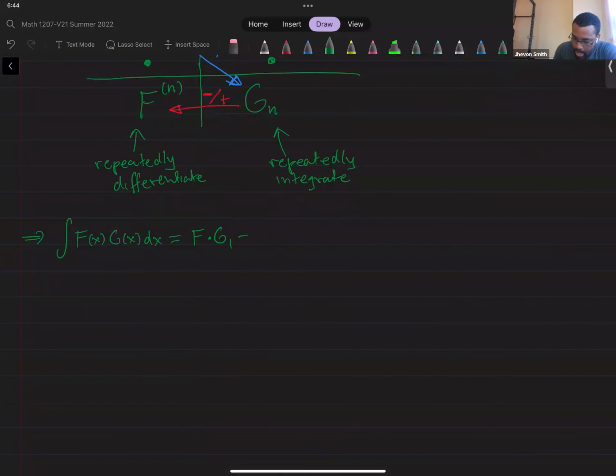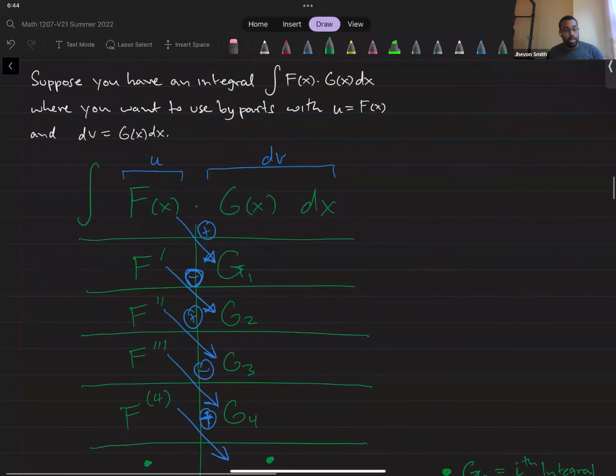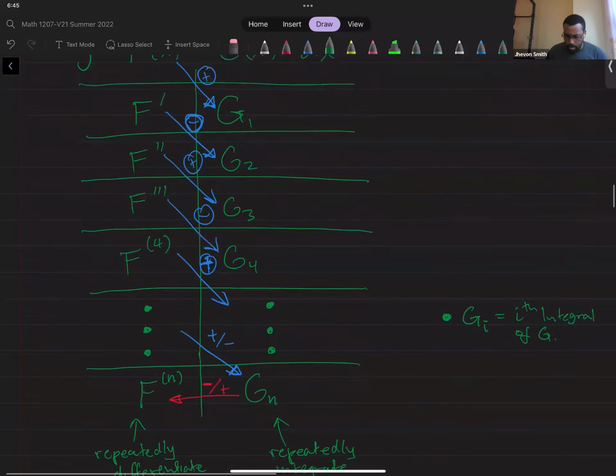Then minus the f prime times the g2 plus the f double prime times the g3 minus dot, dot, dot, right? So that's what these guys that we're multiplying here.